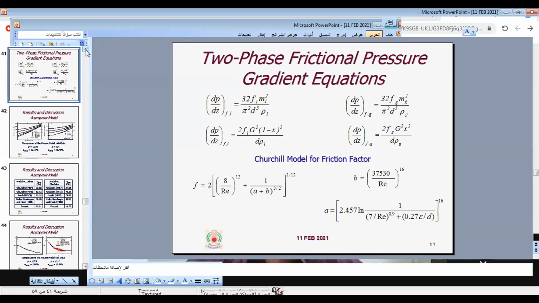Based on this definition, he obtained good prediction for data of heat exchangers at low Reynolds number.